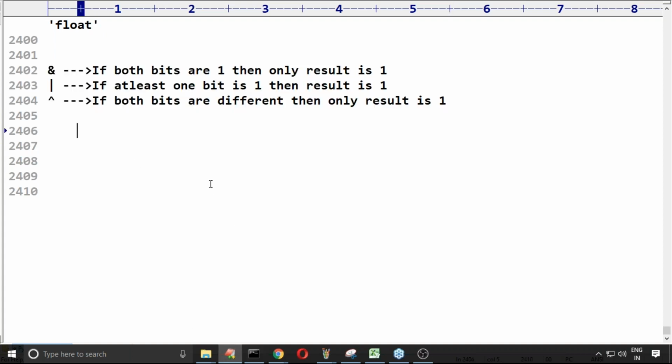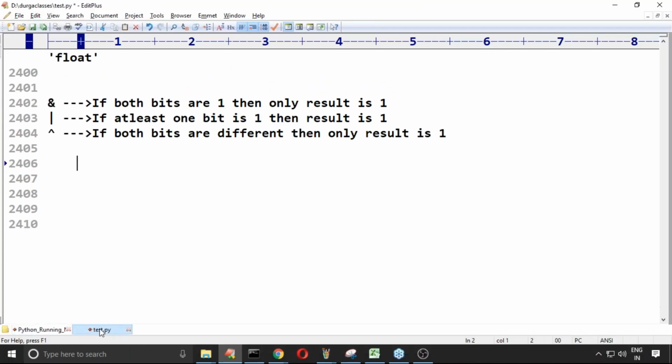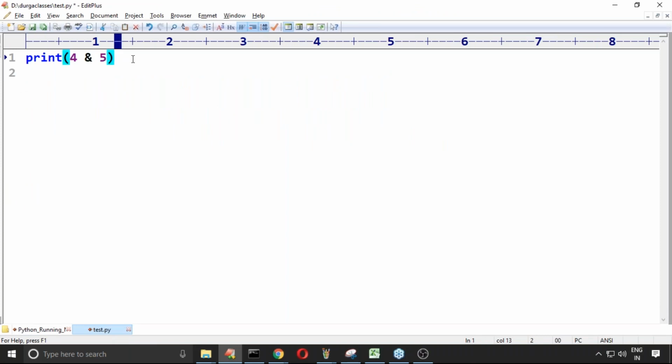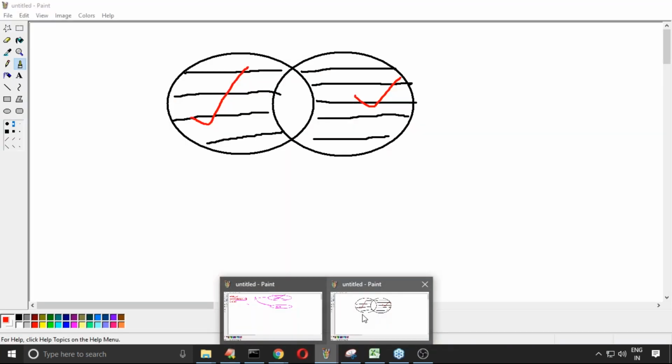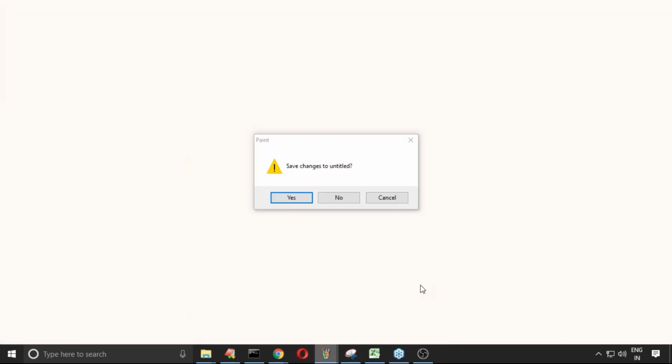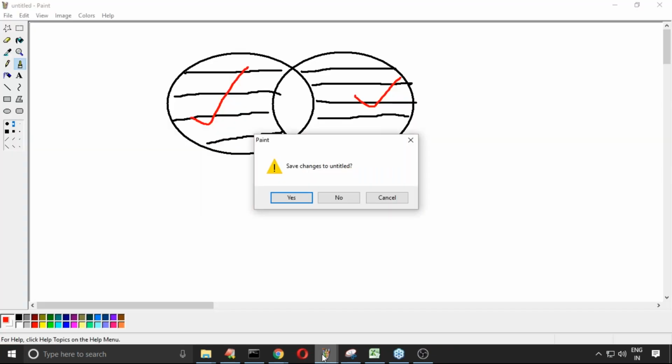Now my question here is, just observe 4 AND 5, 4 OR 5, 4 XOR 5. What is the output we are going to get by default? Sir, it's very simple. Here just observe carefully.